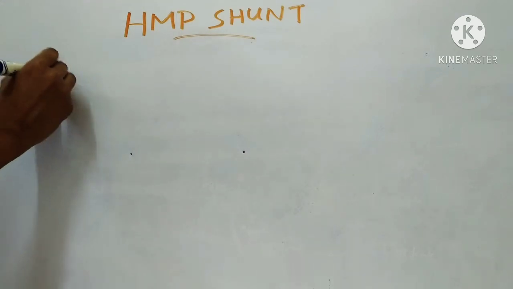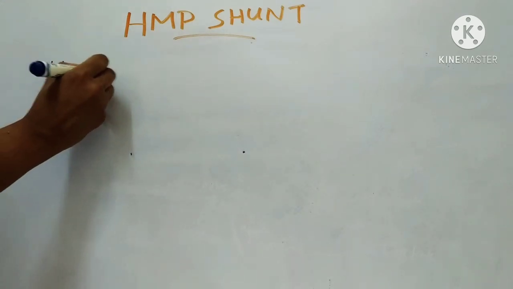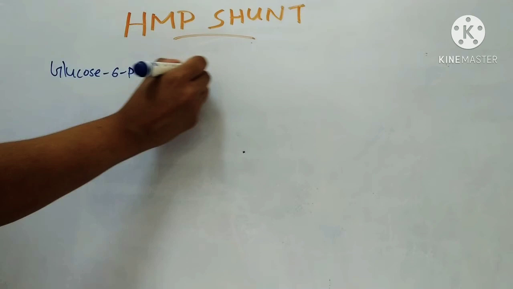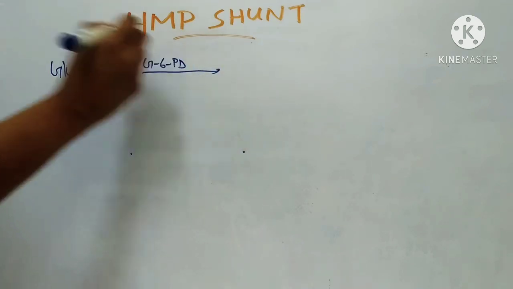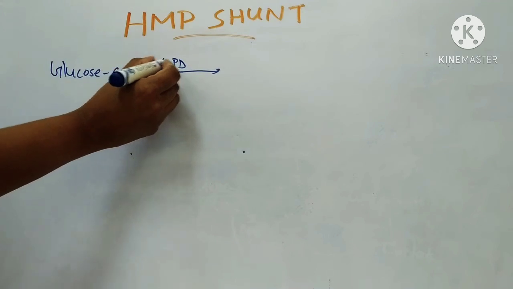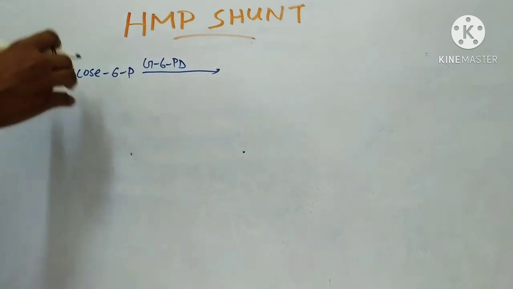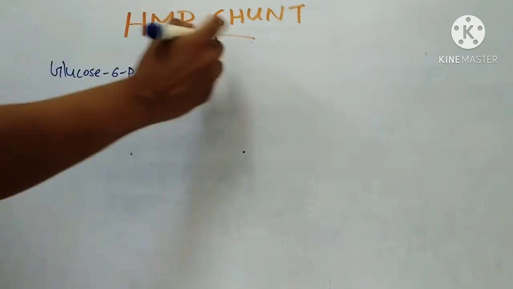First, glucose 6-phosphate, by the enzyme glucose 6-phosphate dehydrogenase, that is G6PD, is converted first to 6-phosphogluconolactone.